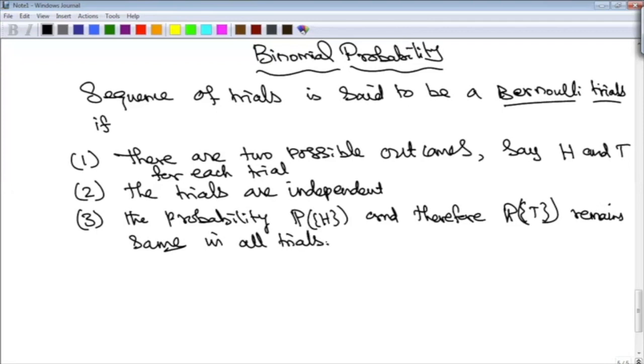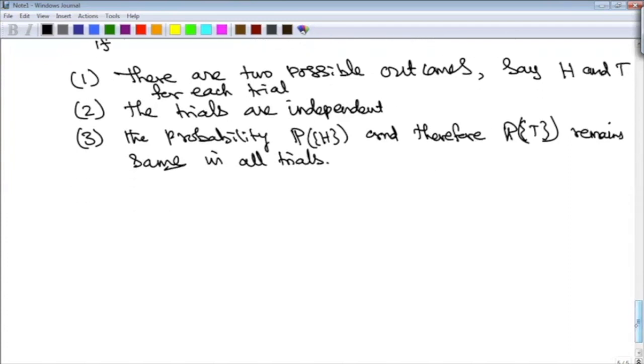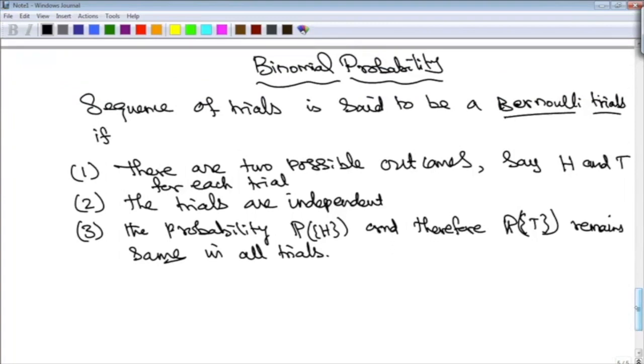Okay, it's not that once I toss the coin my chance of head is say 0.2, and next time when I toss the coin the chance of head changes to 0.7 or something. Well, if you take a biased coin, you need not have 0.5 as the outcome. So these are the conditions which will designate a sequence of trials as Bernoulli trials.